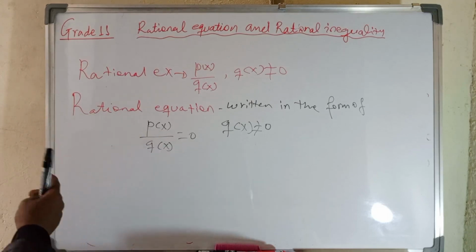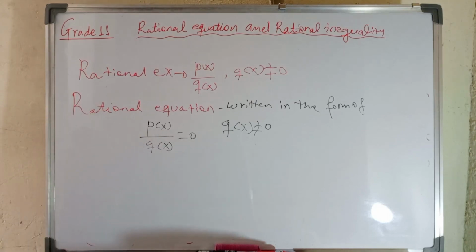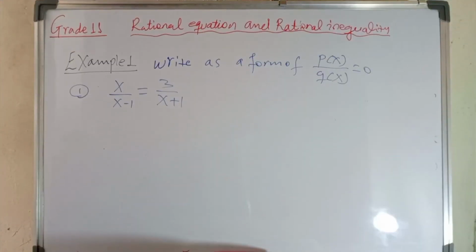So we say that a rational equation is written in the form of P of x over Q of x equals 0. Let us see one example. The given example asks us to write it in the form of P of x over Q of x equals 0, which is a rational equation.